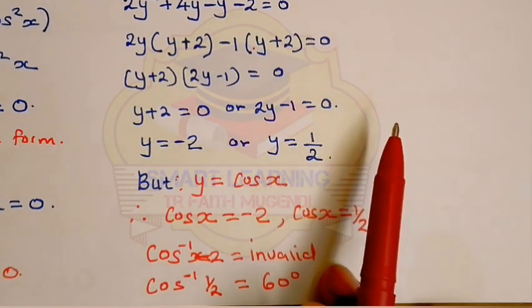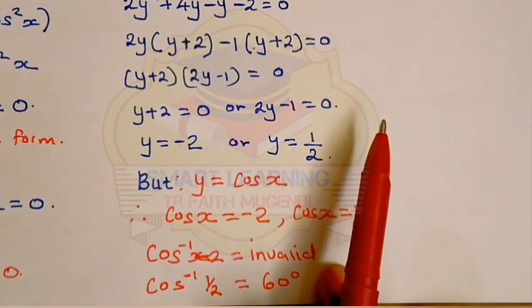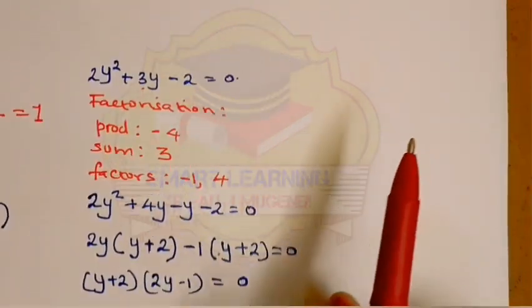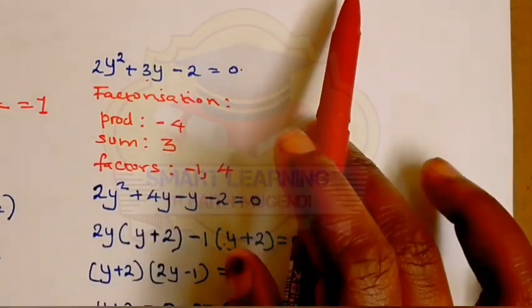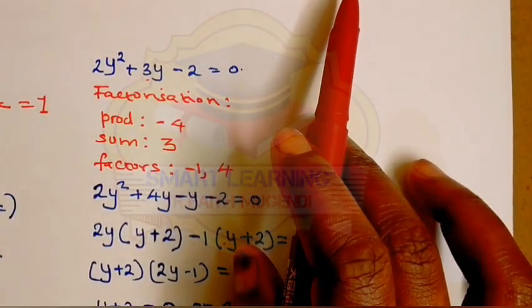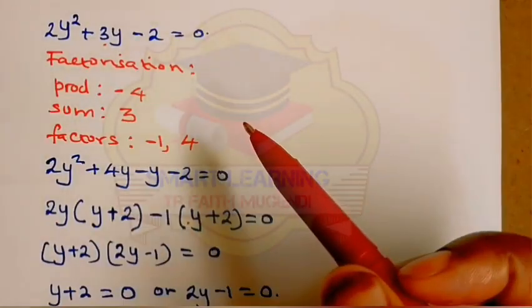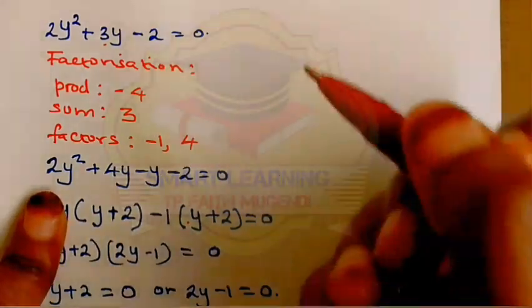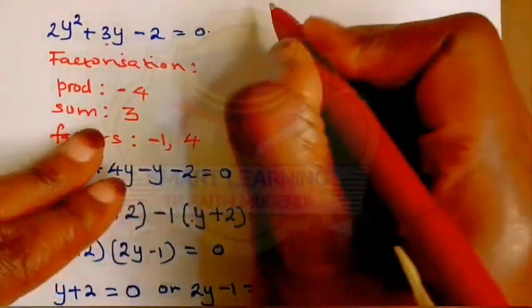So in our case here, the range that we have is that x should be within this range. And because we already have the first angle, we need to recall the unit circle.